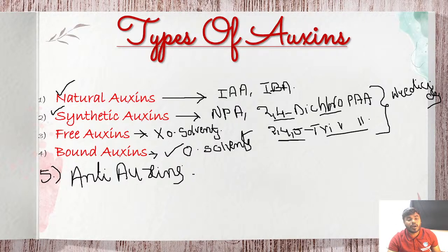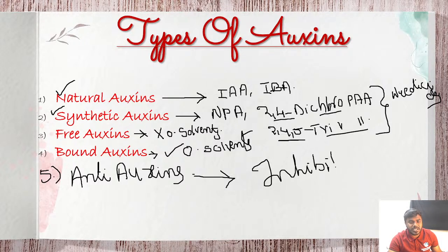If we use an organic solvent for its isolation, we call it bound auxin. Very simple. Now friends, antiauxin, the name itself is indicating, right? Anti against the auxin. So every inhibitor which is inhibiting the auxin, we can call this an antiauxin, right?